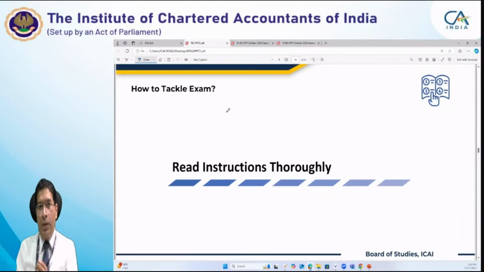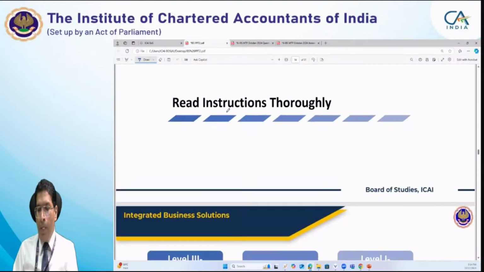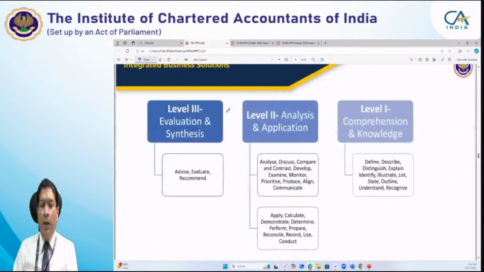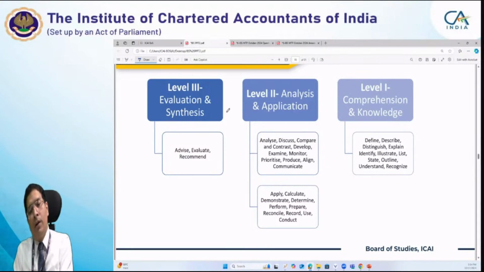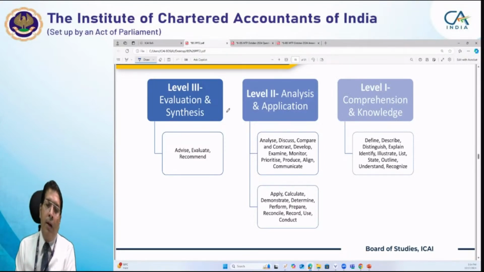If a question says evaluate, then you have to evaluate. How will you evaluate? By giving proper positives, negatives, and proper conclusions. There are three levels of verbs. Level 1 is comprehension and knowledge, level 2 is analysis and application, and level 3 is evaluation and synthesis.